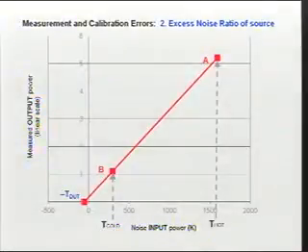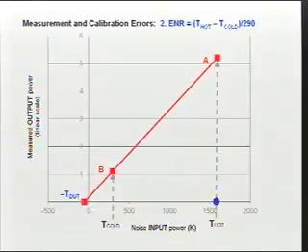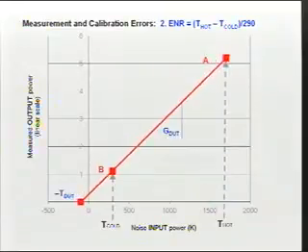Next one, one of the two big ones, is the excess noise ratio of the source. And that affects mostly T-hot. And what happens there, if you get the ENR wrong, T-cold stays where it is, and that happens. One of the things that also affects is the measurement of the gain of the DUT. So ENR errors are really quite serious.